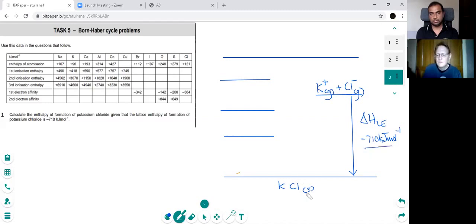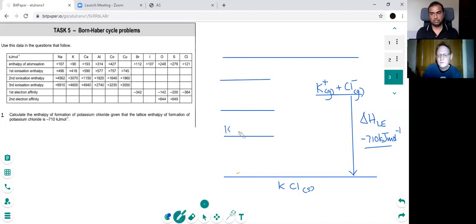And then we've got to get from the ionic compound to the gaseous ions. The first step of that is to do the enthalpy of formation, which is the formation of the ionic compound from its elements in their standard states under standard conditions.